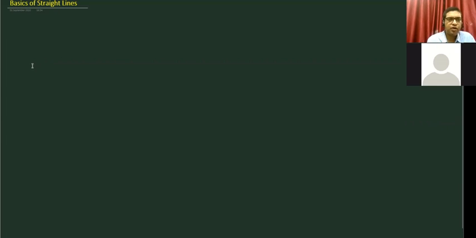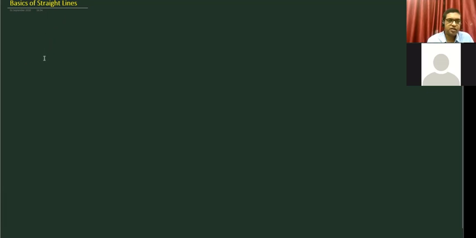Good evening. Today's class is on straight lines. So far, we discussed the basics of coordinate systems, how to find the areas enclosed by figures whose vertices are given, like triangles, quadrilaterals, and polygons, and also the concepts of locus and change of axis.